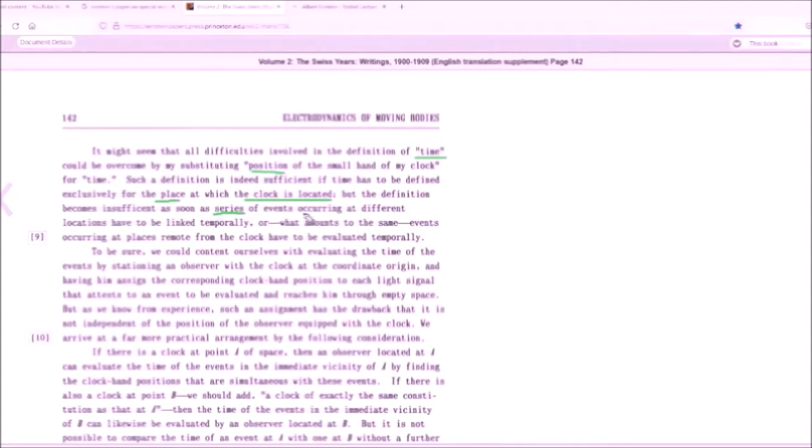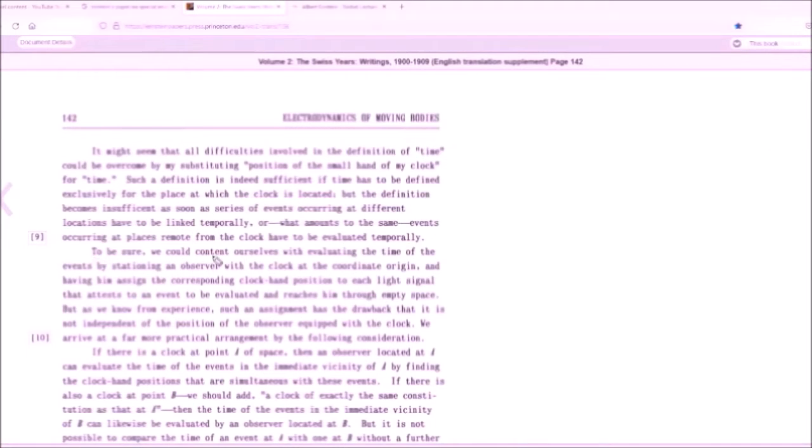As soon as a series of events occurring at different locations have to be linked temporally, because you have two locations for events, how do you link them with the clocks? Or, what amounts to the same, events occurring at places remote from the clock have to be evaluated temporally.